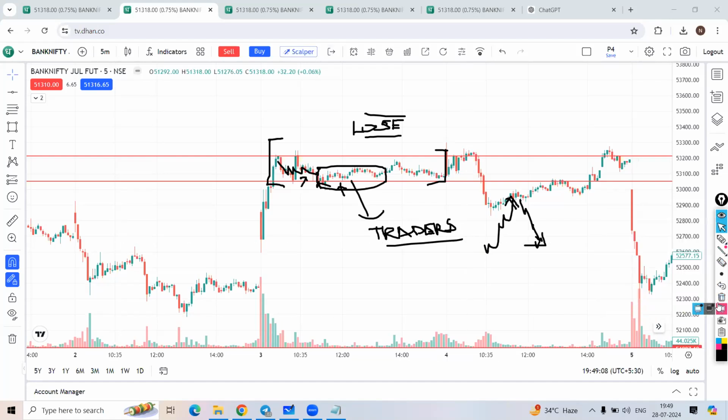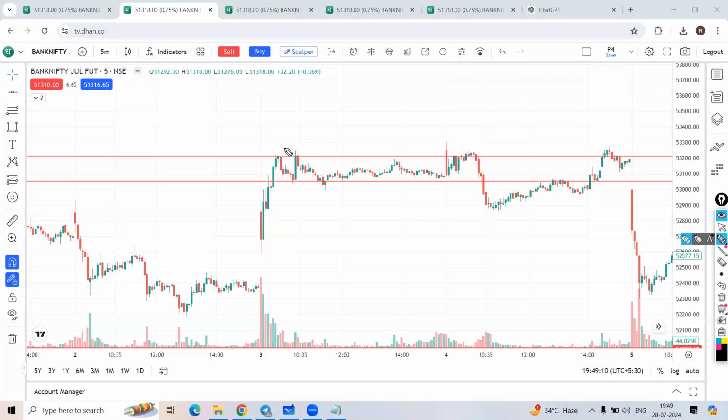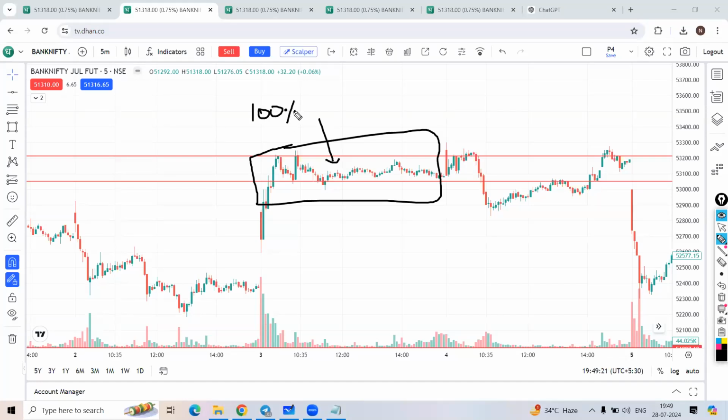Then the market itself is in a relaxed mode. And every option buyer knows, sir, this kind of typical price behavior is 100% not favorable for an option trader. Either there will be premium decay or there will be stop loss. Slow movement, you will get frustrated and you will face losses.